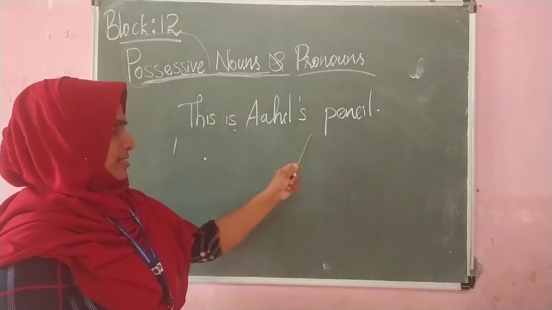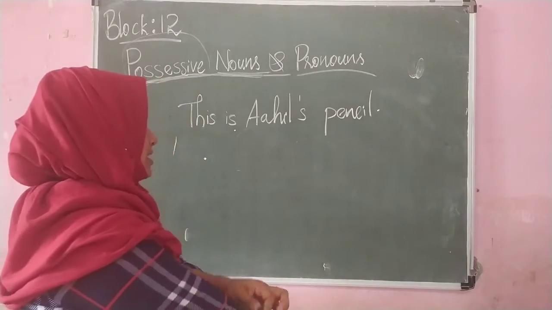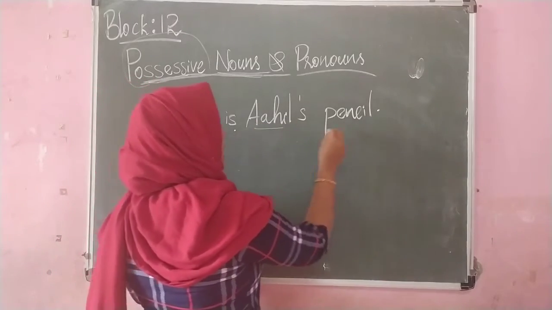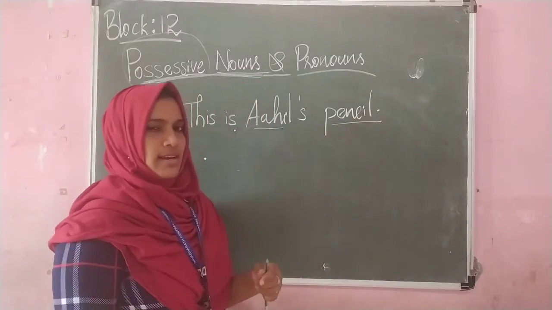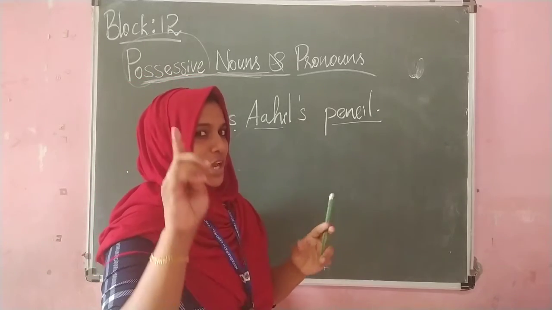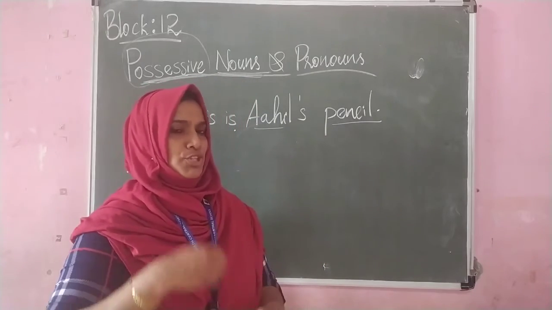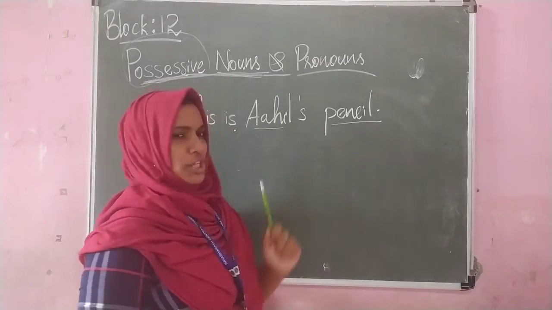Here in the sentence you can see two nouns. Which are the nouns? One is Ahil and another one is pencil. From these nouns, which noun is showing the possessiveness, the ownership?